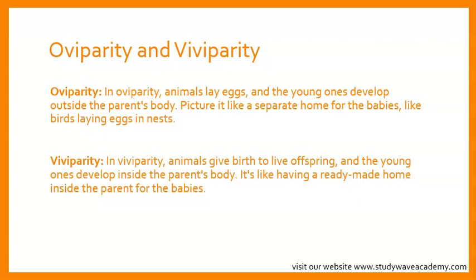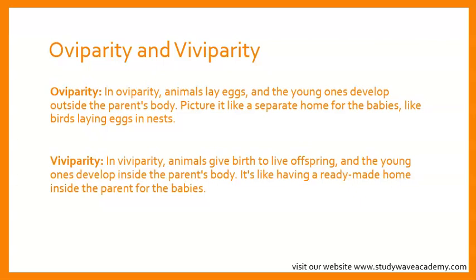Oviparity. Imagine this as egg living, okay? Animals laying eggs outside. It's like having a separate home for the baby to develop. Just like birds lay eggs, okay? Chickens also lay eggs.